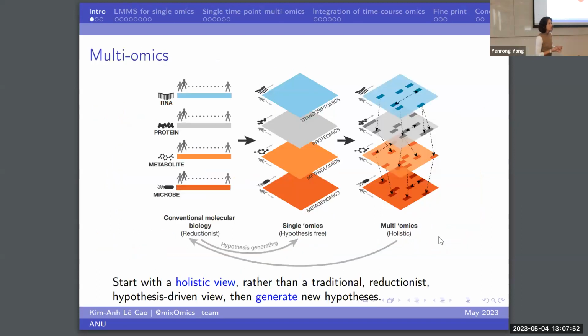So let me start first with what multi-omics data are, and this is just a little cartoon about where we are. Pre-years 2000, we were in this conventional molecular biology approach, where you measure the expression of a gene, of a parameter, or we call it a variable if you want, across individuals.